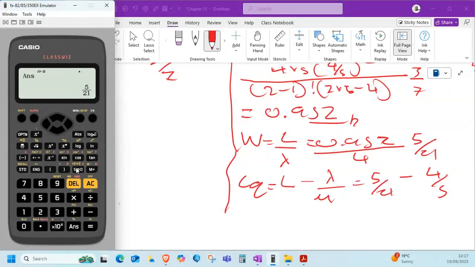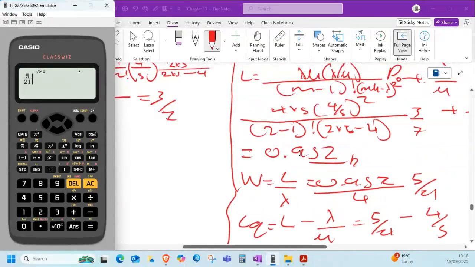My answer, this, which is this, minus 4 divided by 5. Why does it become negative now? It's 5 over 21, which is L, right? No. Oh, L, this is L here.